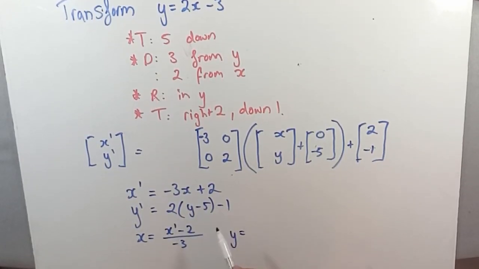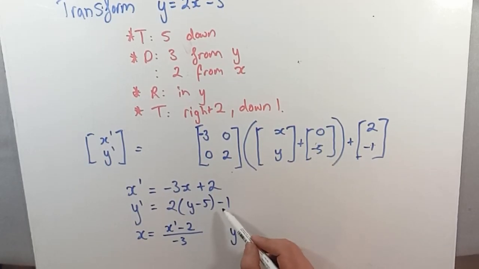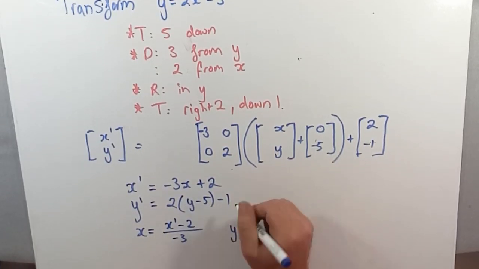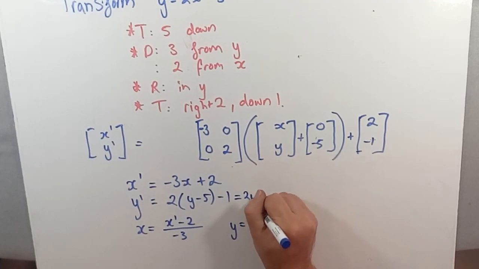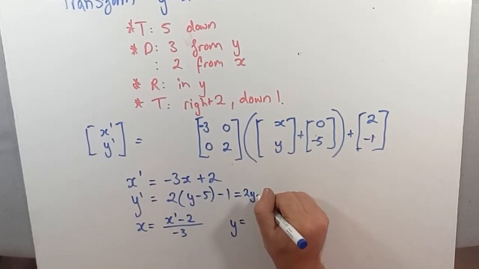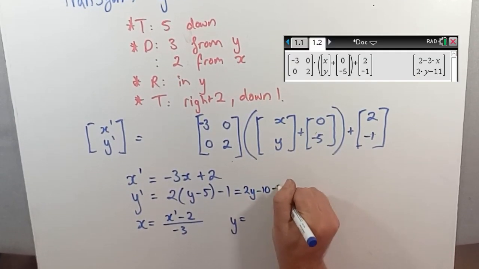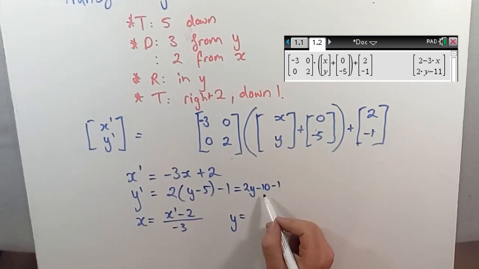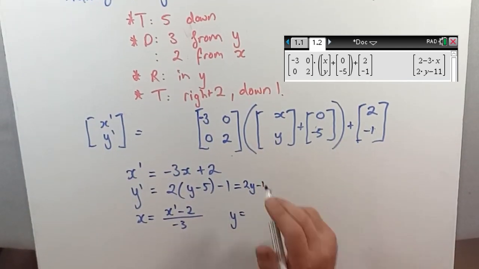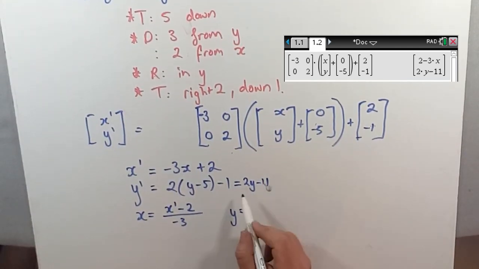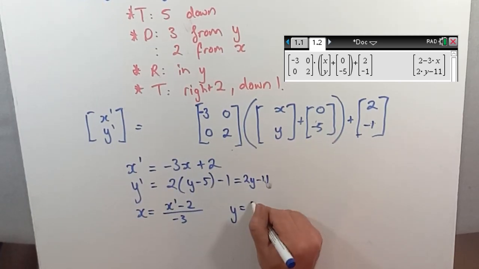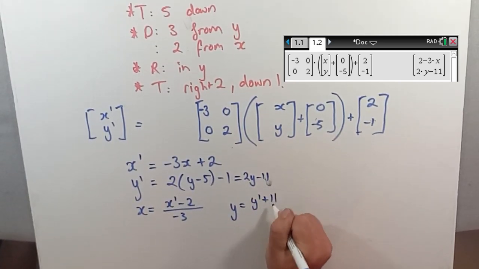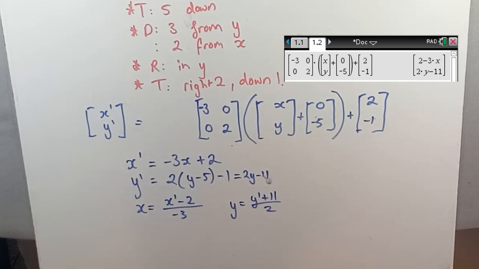It depends what we want to do. Let's expand. So we'll expand this first: 2y minus 10 minus 1. It gives me minus 11, doesn't it? So then I get y image plus 11, over 2.